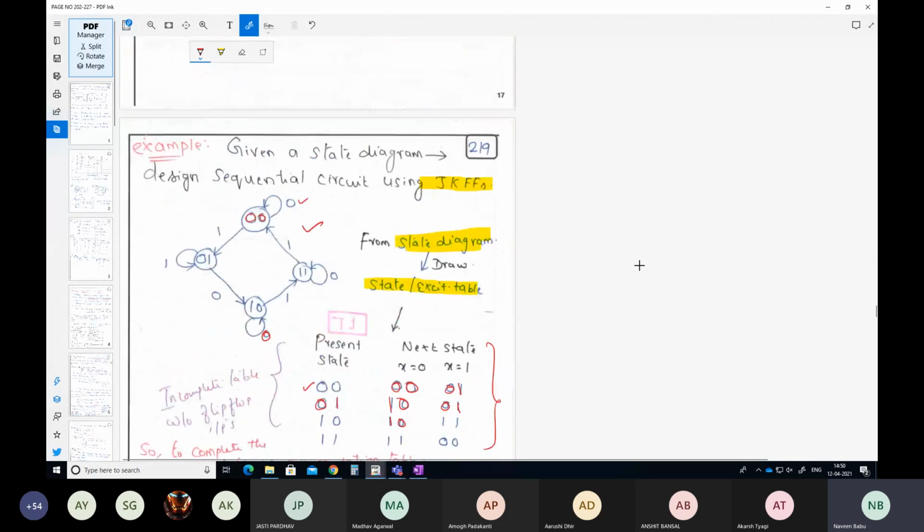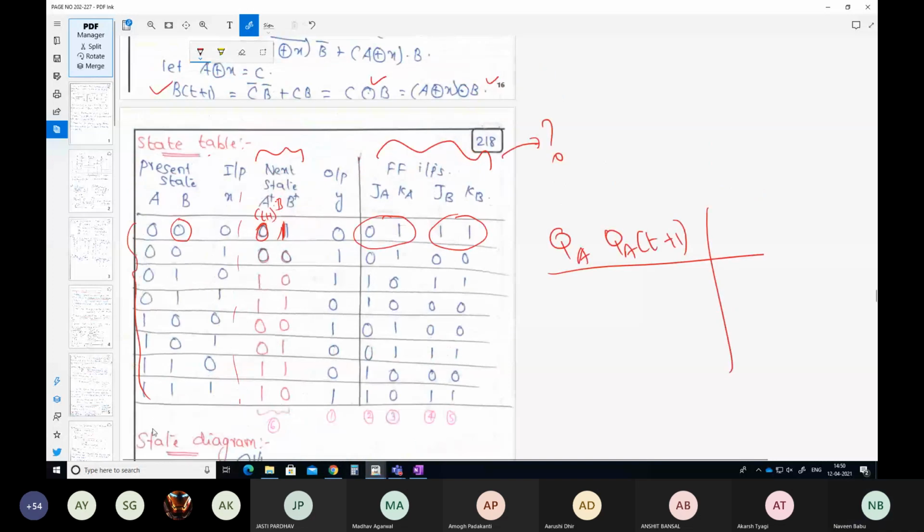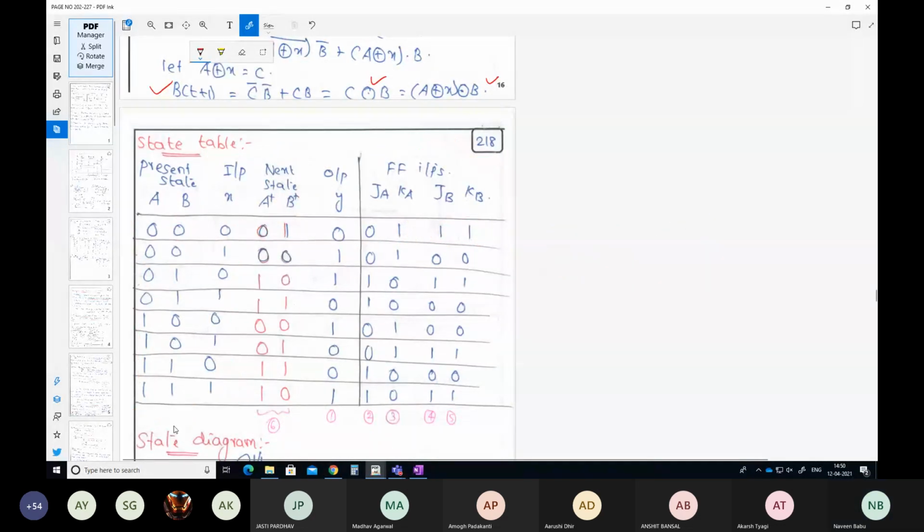The only difference is in the previous case, we first filled up this, then we filled up this. This is the second step. Then this one was the last step. But here now, we are having this first step, and we are having this also.